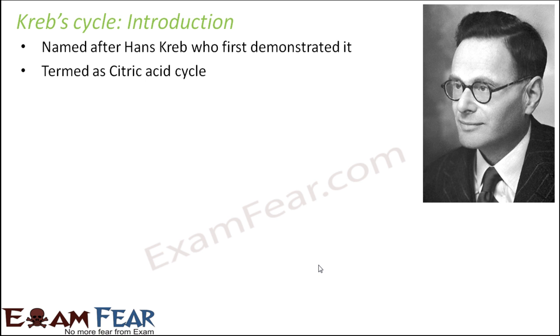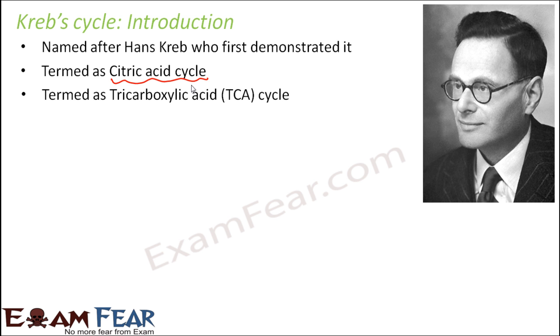It is also known as citric acid cycle. Why is it called citric acid? Because the first stable product which is formed here is a citric acid. So citric acid is the first product which is formed. That is why it is called citric acid cycle. It is also known as tricarboxylic acid cycle or TCA cycle. Why tricarboxylic acid? Because the citric acid has 3 carboxyl groups.